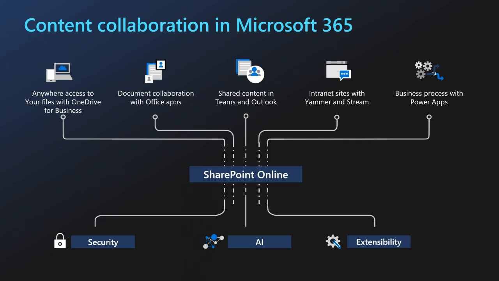With OneDrive for Business, you can collaborate on Office documents in real time, work together on shared content in Microsoft Teams and within Outlook. Build dynamic and engaging intranet sites enriched with Yammer and Stream, and you can automate business processes and build no-code apps with Power Apps and Power Automate.